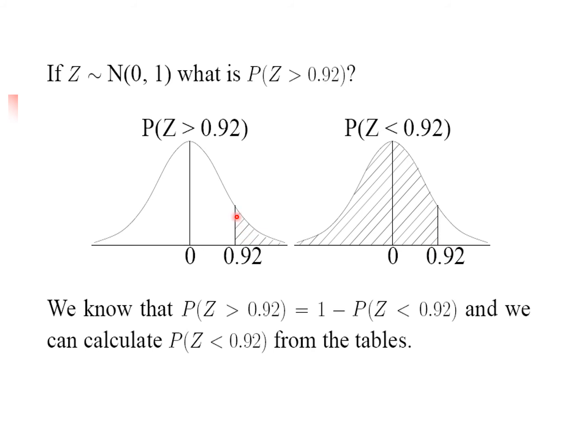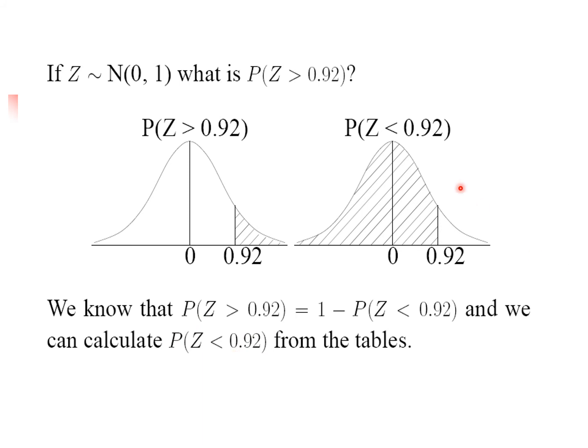Now if you want to find this one, what will you do? The total area is 1. So 1 minus this area would give you the area over here. So thus the probability for z-score greater than 0.92 is equal to 1 minus the probability for z-score less than 0.92. And this value can be known from the table.